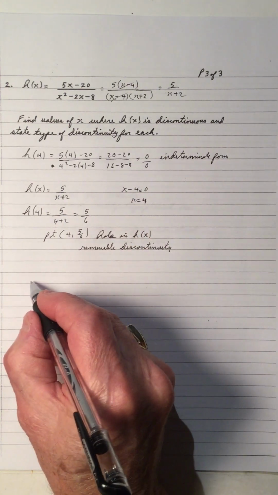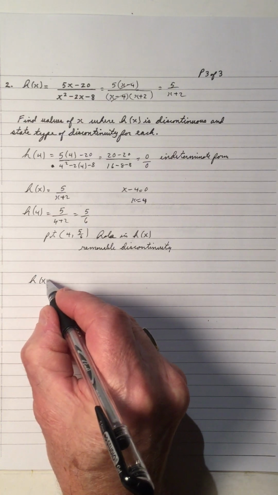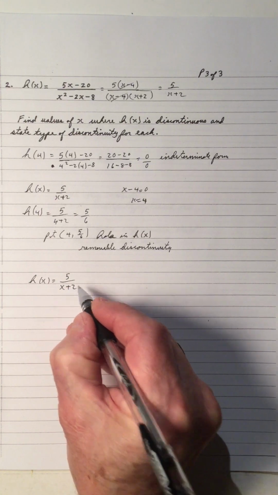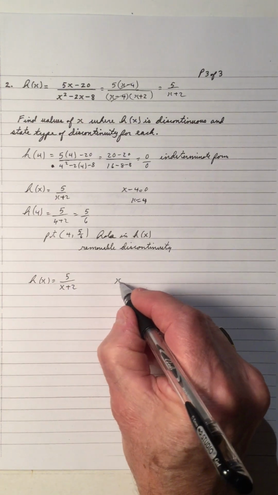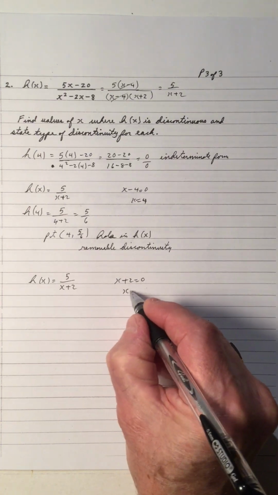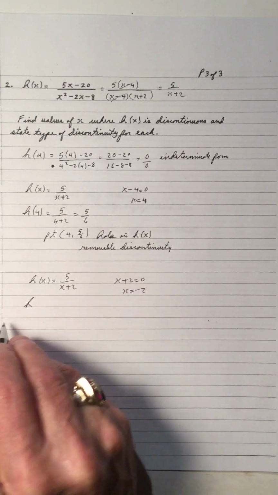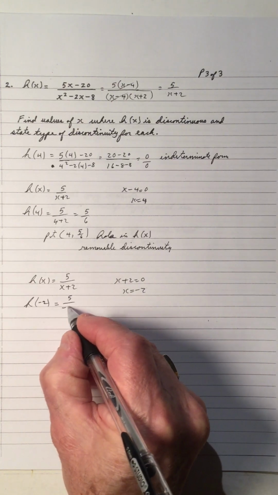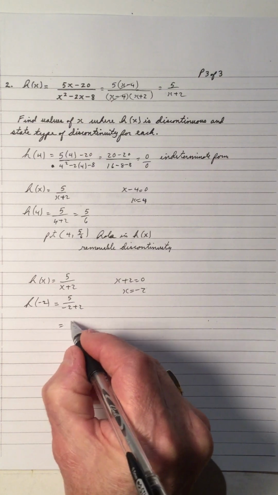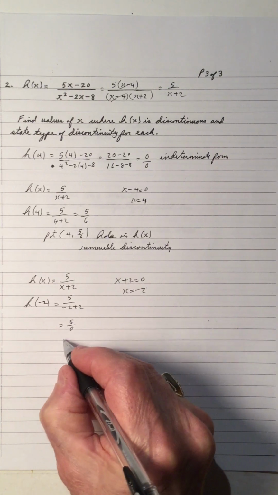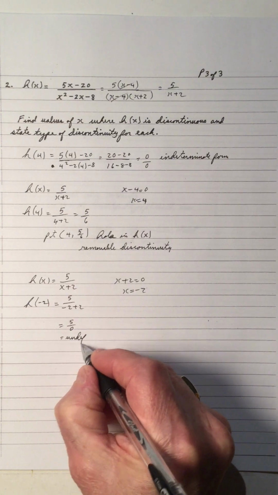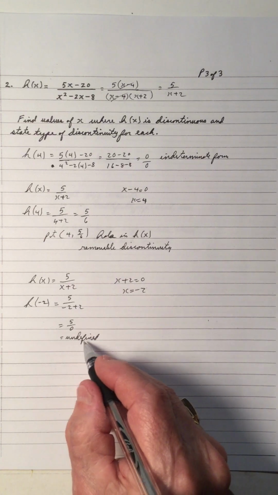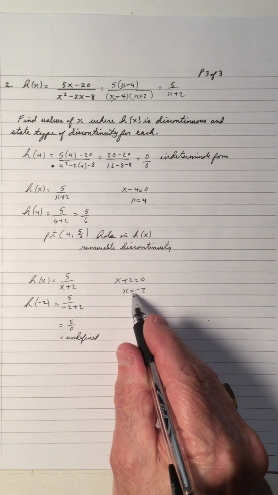But notice now I have it simplified to h of x equals 5 over x plus 2. If x plus 2 equals 0, that means x equals negative 2. So h of negative 2 is 5 over negative 2 plus 2, that's 5 over 0, and that's undefined. So it has a discontinuity at x equals negative 2.